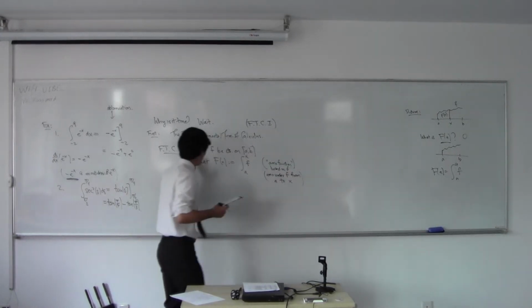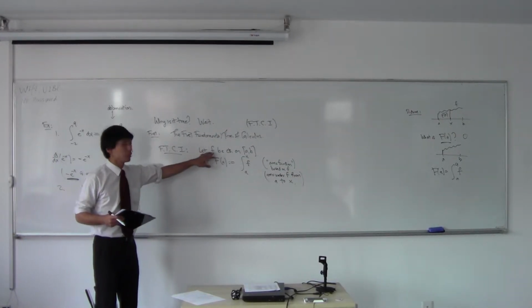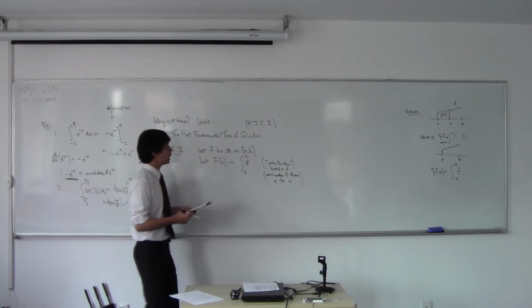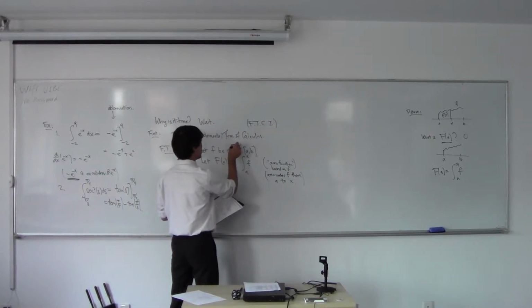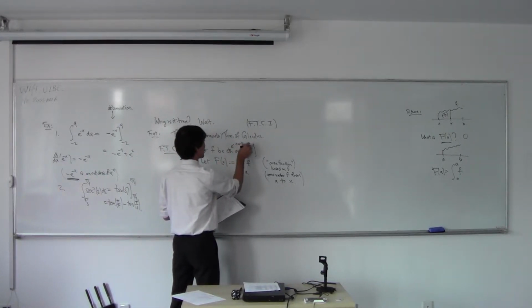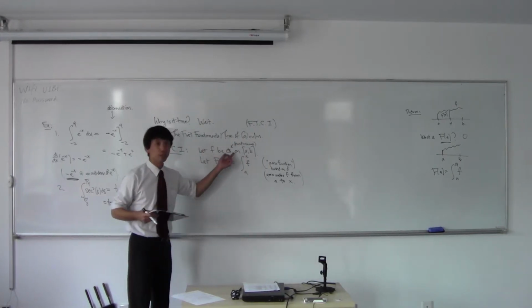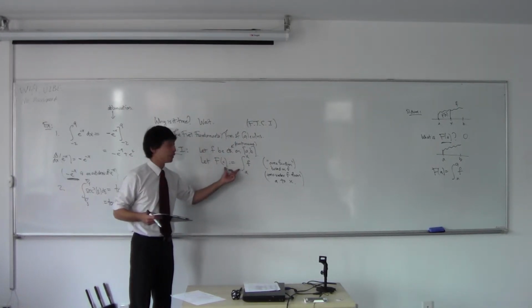Okay, so back to the theorem. You have a continuous function on [a, b], and then you have this area function.